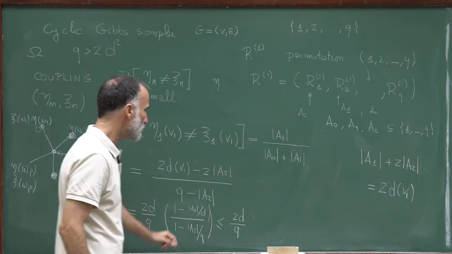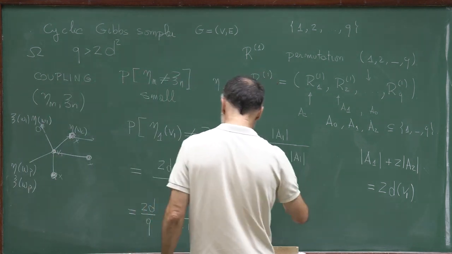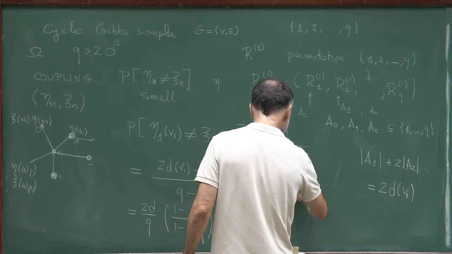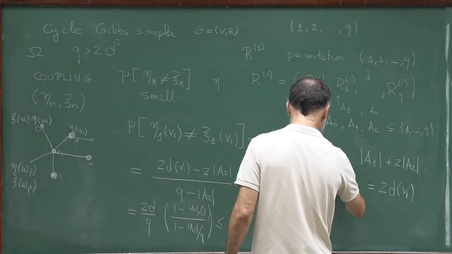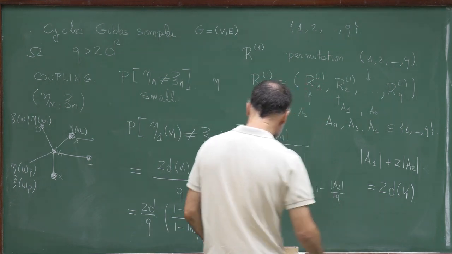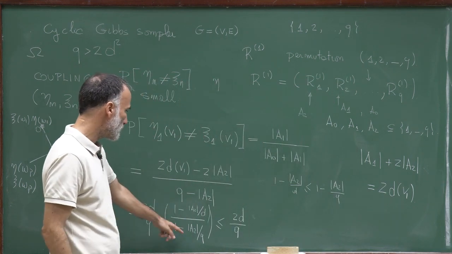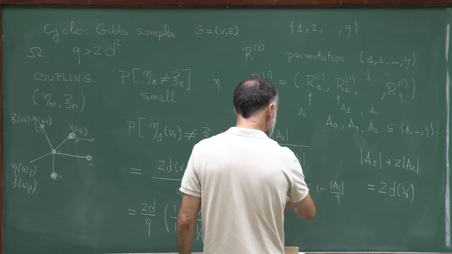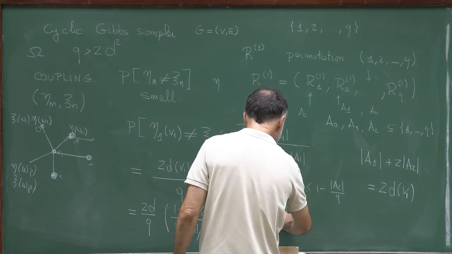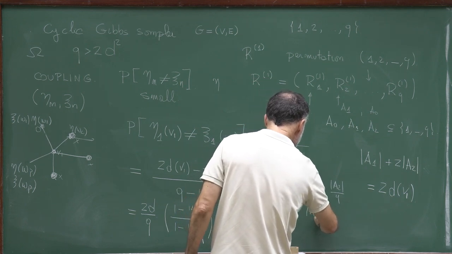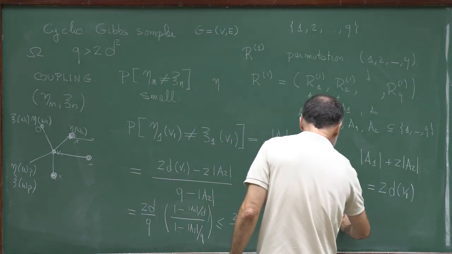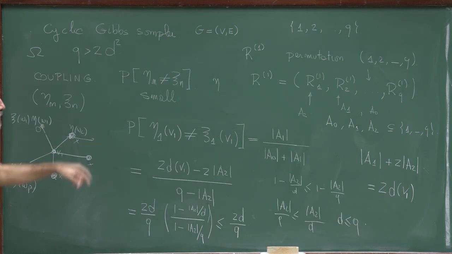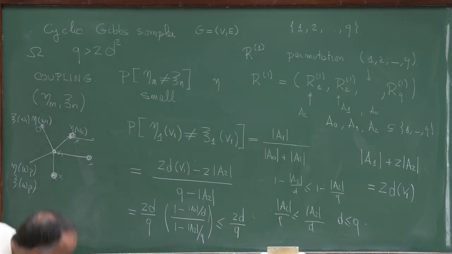Because, well, this is bounded by 1 if and only if, so let's check, if and only if 1 minus A2 divided by D is bounded by A2 divided by Q. This means that A2 divided by Q is bounded by A2 divided by D. And this happens if and only if D is bounded by Q. But that's fine because 2D squared is bounded by Q. So this inequality is satisfied.